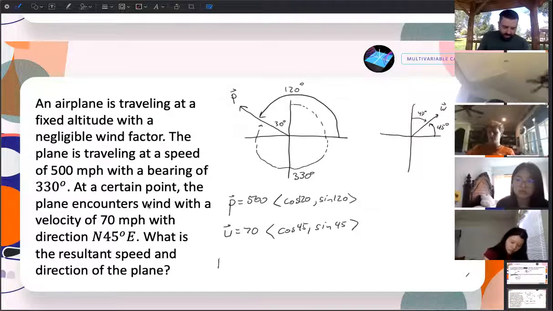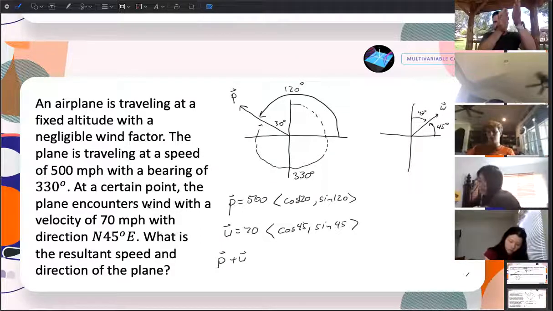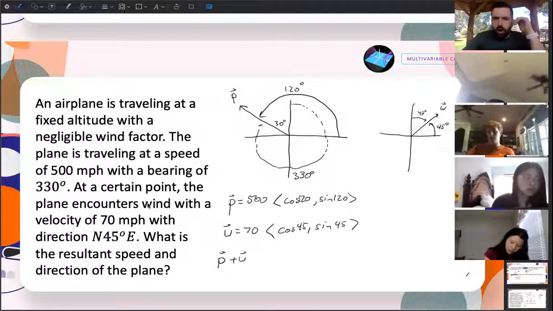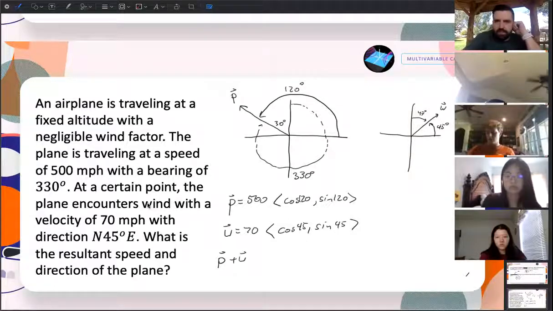Then if I add the plane plus the wind, and find its magnitude, that's the resultant speed. That's basically what the wind is doing to the speed of my plane. If I find the direction of that sum, the new angle, that's its new direction. The wind is going to cause the plane to start moving off course unless it alters its course to compensate for that.